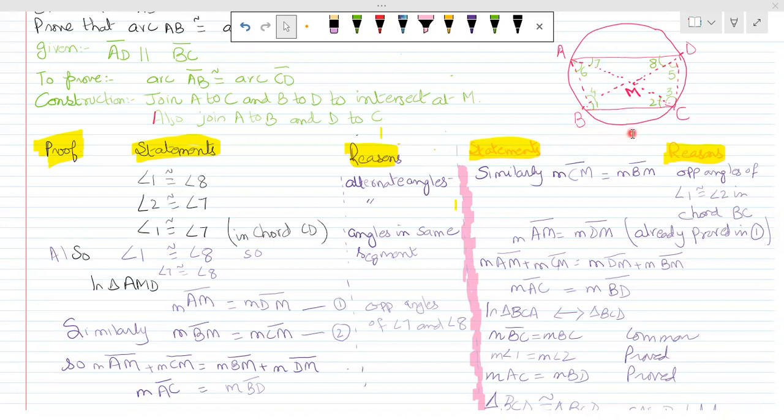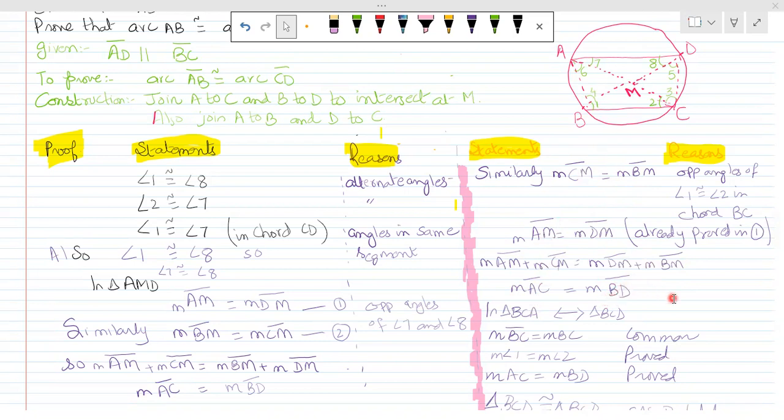Similarly, we have proved another result, AM and DM were already congruent in result number 1. Here I have mentioned this result. Now I am adding these two results. AM plus CM is equal to DM plus BM. So AM plus CM is giving me AC, and DM plus BM is giving me BD.